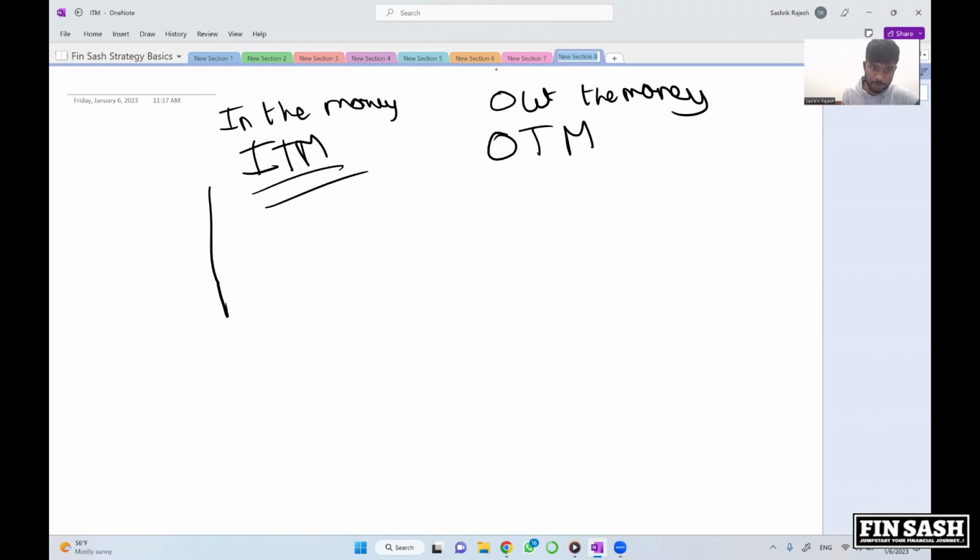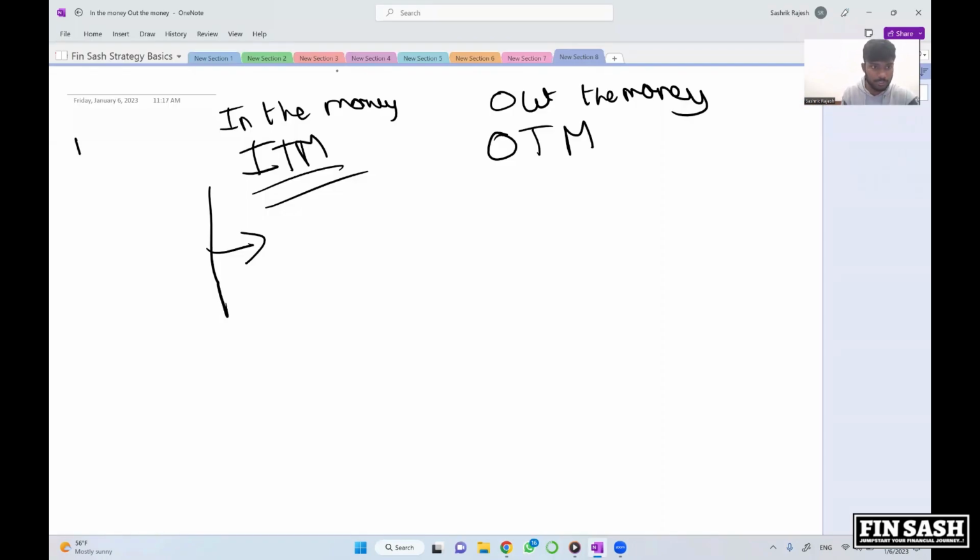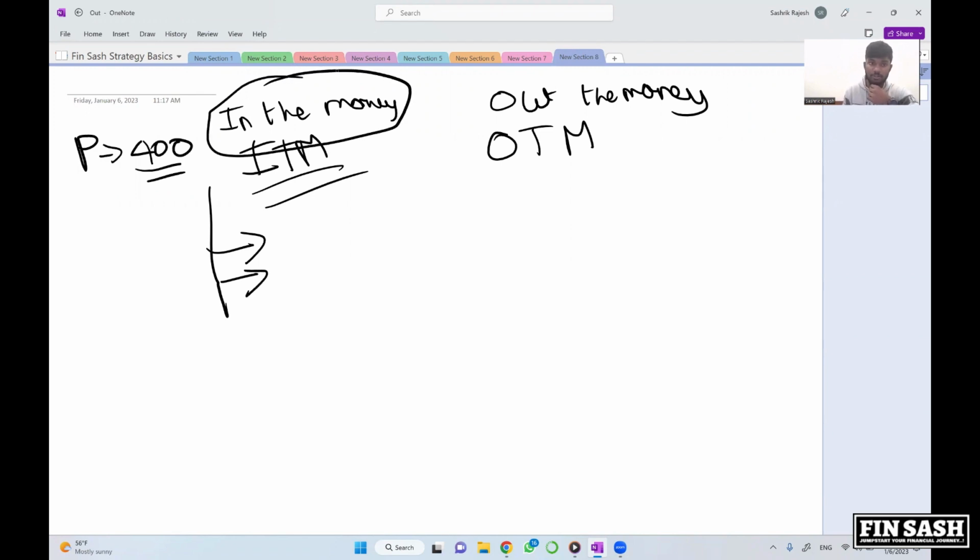So what's an ITM option? Right now, Tata Motors is at 400. In the money, what does this mean? We are going to explain this for CE, and I'll give an example for PE right after this.